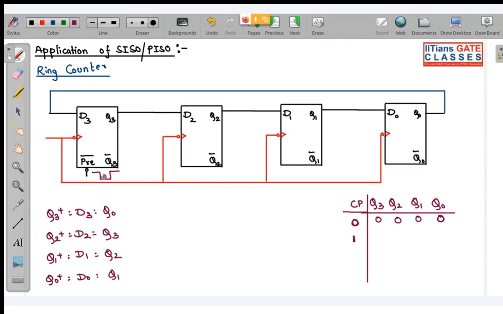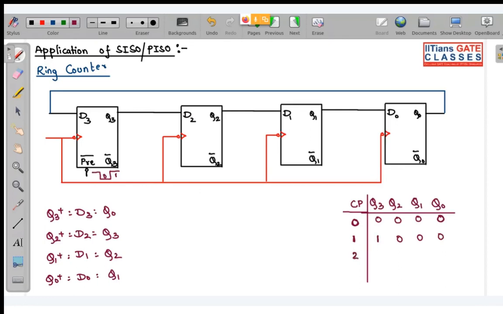So at the first clock pulse, Q3 will immediately become 1 and the remaining flip-flops will be 0. After this first clock pulse, it goes back to 1, so pre-bar is deactivated again. It was activated only momentarily for the first clock pulse.